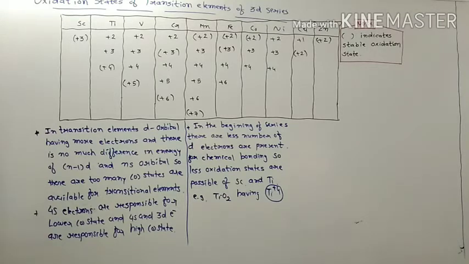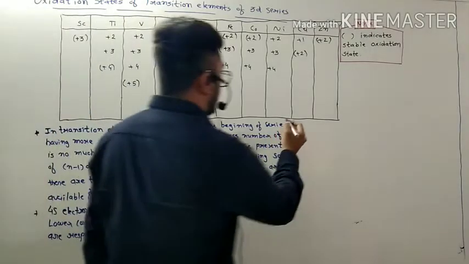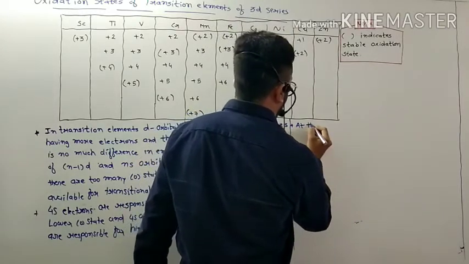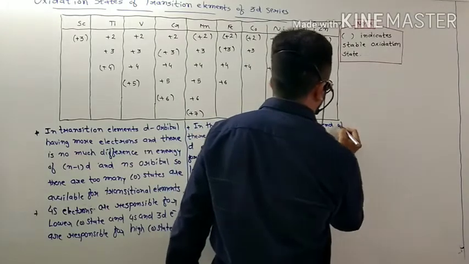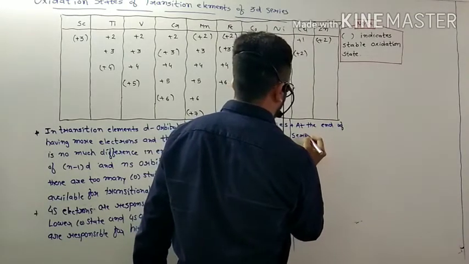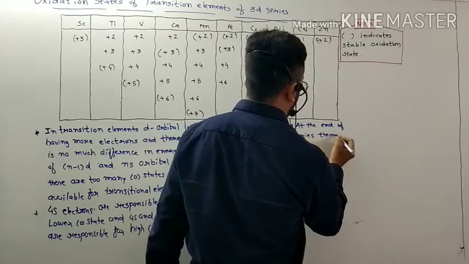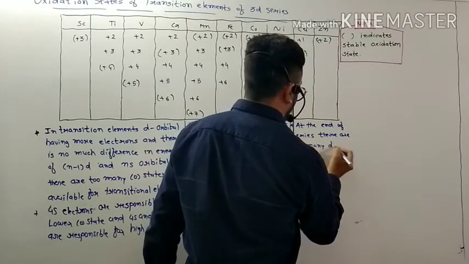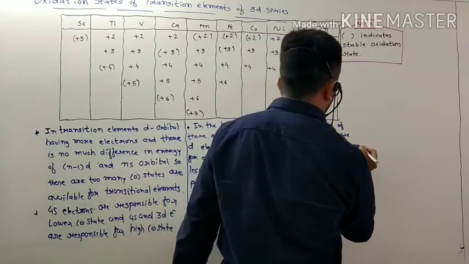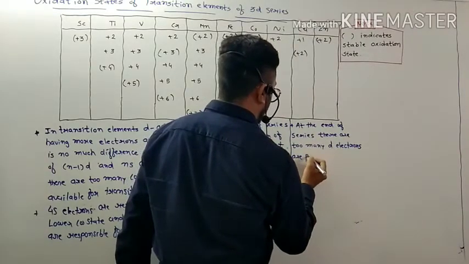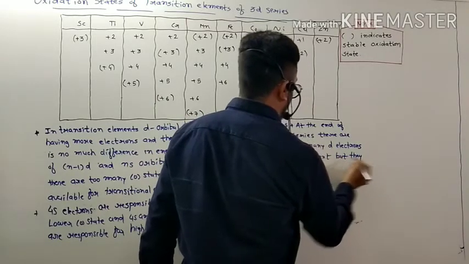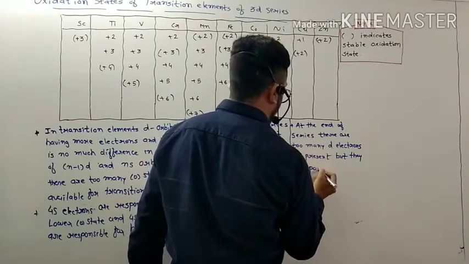At the end of the series there are too many d electrons. Just see, at the end of the transition series too many d electrons are present, but they are paired.